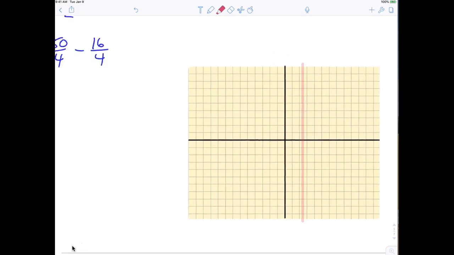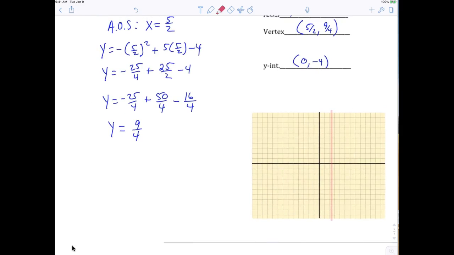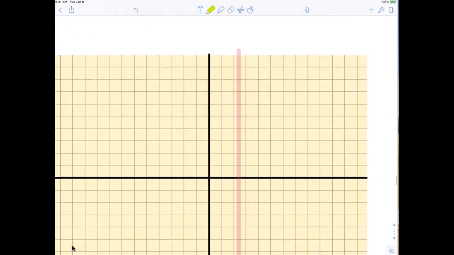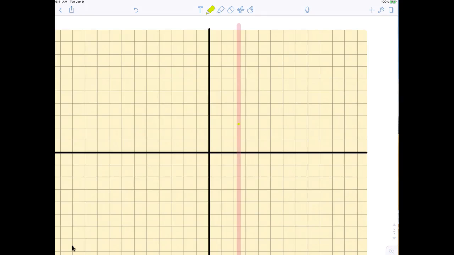All right. Now, 9/4. What's that? 2.25. 9 quarters. 2.25. So now we're going to graph 2.25. Again, should be about right there.